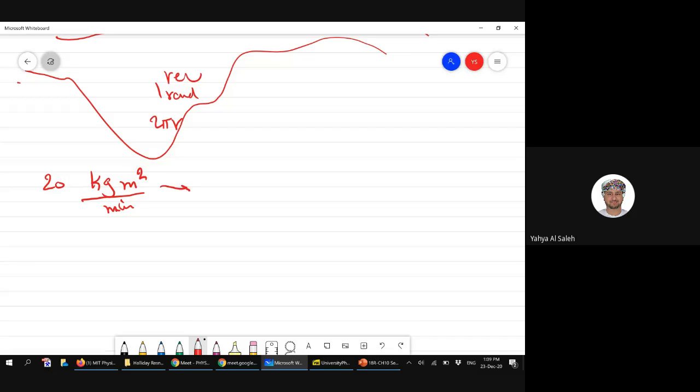And I want to make it grams millimeter squared per day. I don't even know what this thing is a unit of. I just made it up. How do I go from here to here?